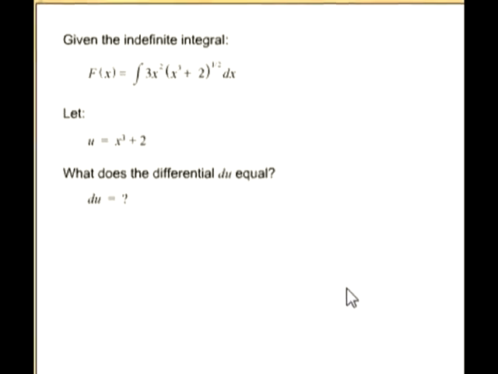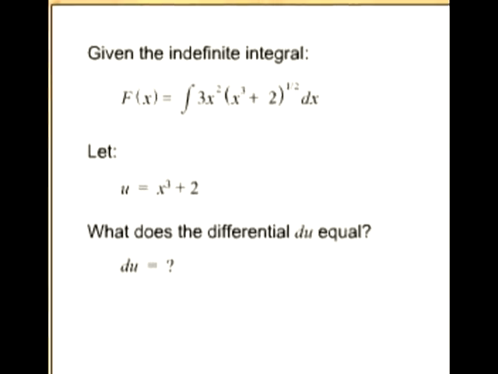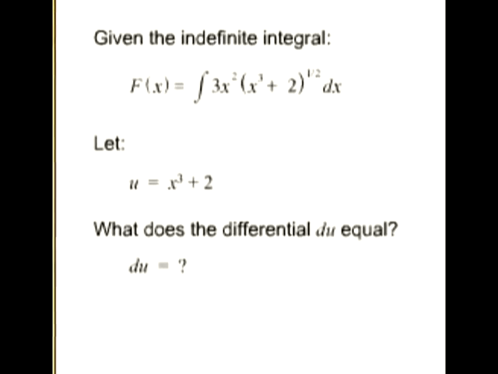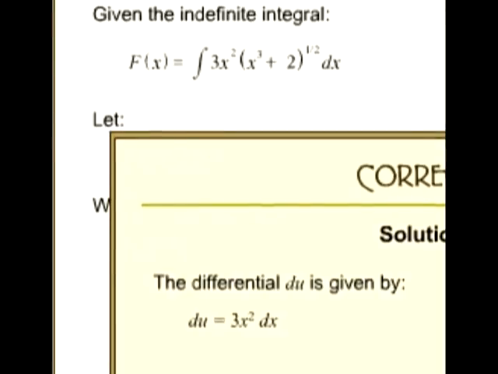So here the integral, you can look for yourself, is 3x squared times x cubed plus 2 to the 1/2, and you let u equal a certain value, so when you simplify it you can cancel out the other number.